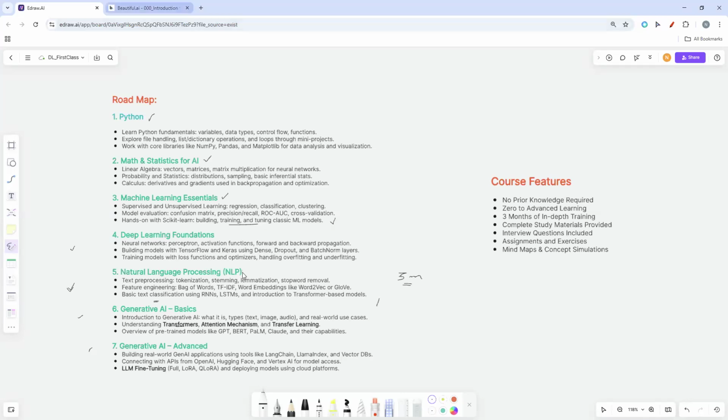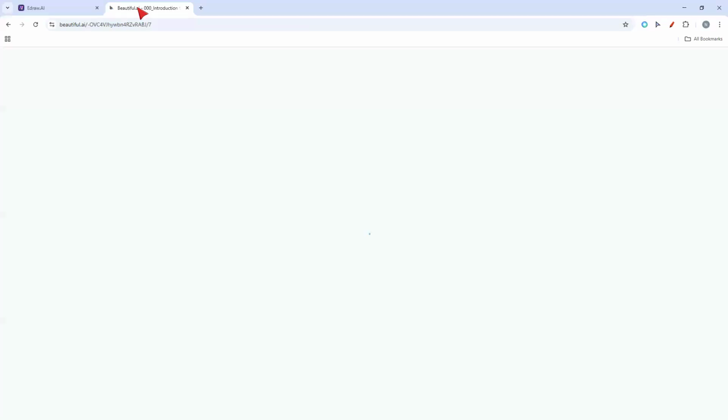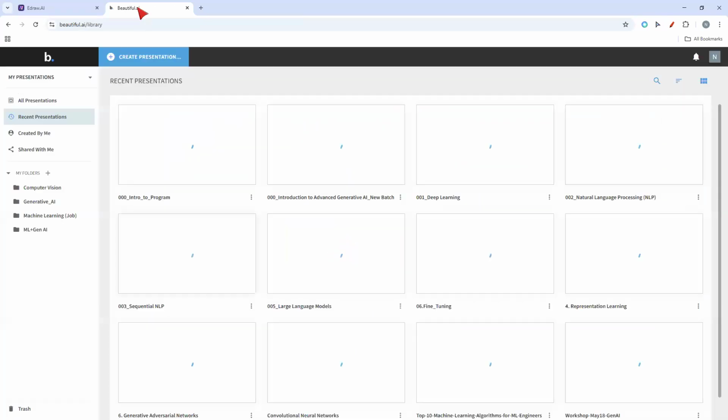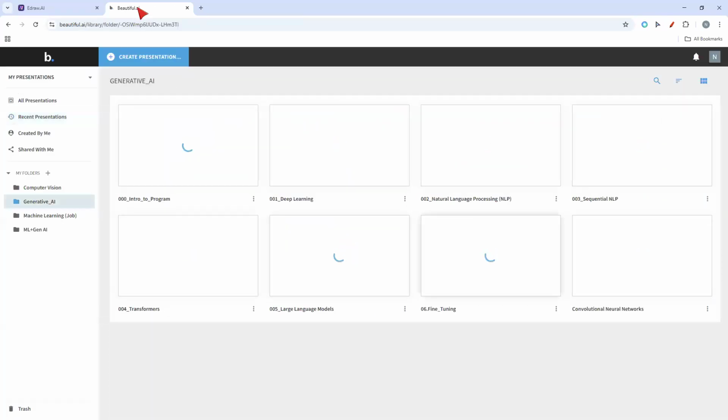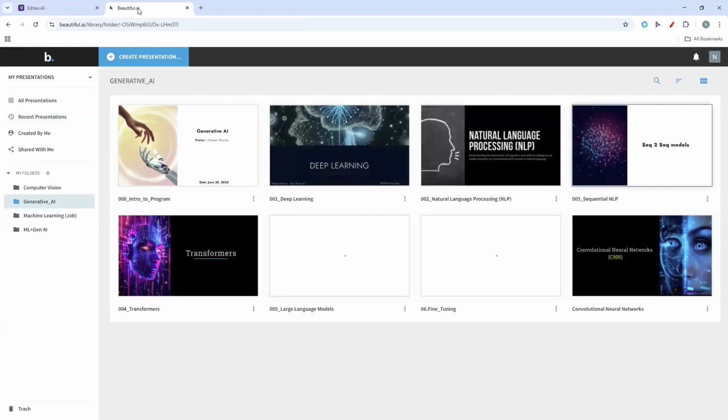Why I'm maintaining these PPTs and all is that it saves a lot of time, and of course there will be some complex topics where you might take some time to understand. Those topics, you can find very easily in almost all of the sessions we have, even in the large language models or sequence to sequence models.